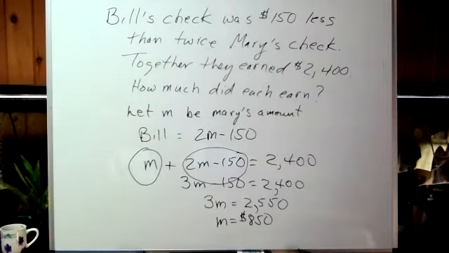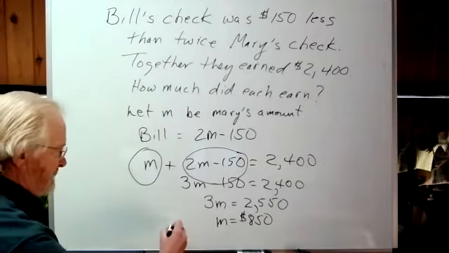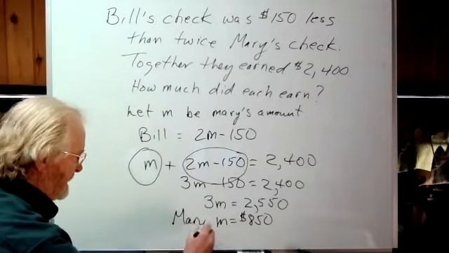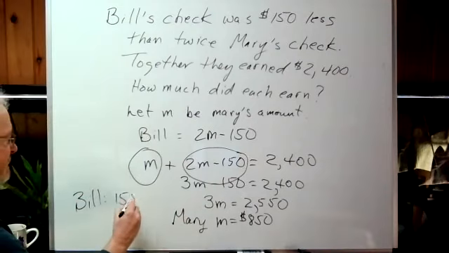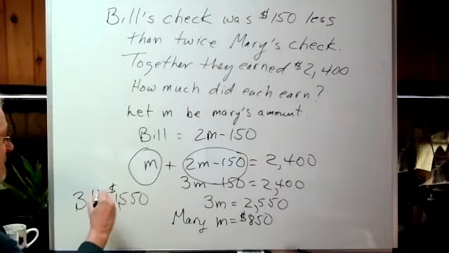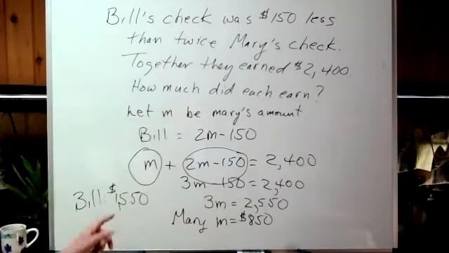So twice that minus 150 was, so Mary made, and I think Bill 1550. If a problem asks for both, then be careful to figure them both out.